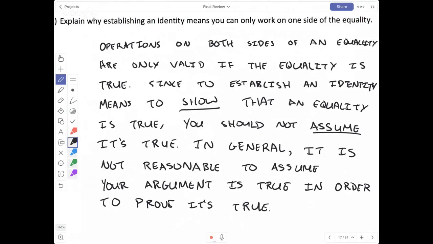Any questions on this prompt asking you to articulate the nature of establishing an identity? Cool. We got about 6 or 7 minutes before I said I would be done. Is there anything I really need to cover before I go?